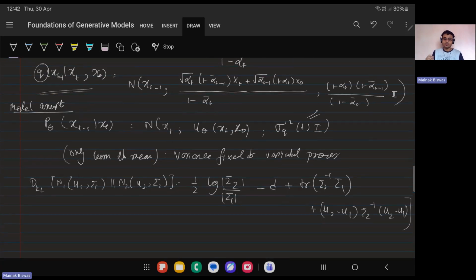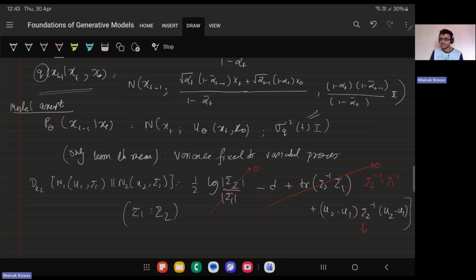So you can clearly see, equating sigma 1 to be equal to sigma 2, the log term goes to 0. The trace term goes to d because sigma 2 inverse is equal to sigma 1 inverse, and minus d plus d goes to 0 again.